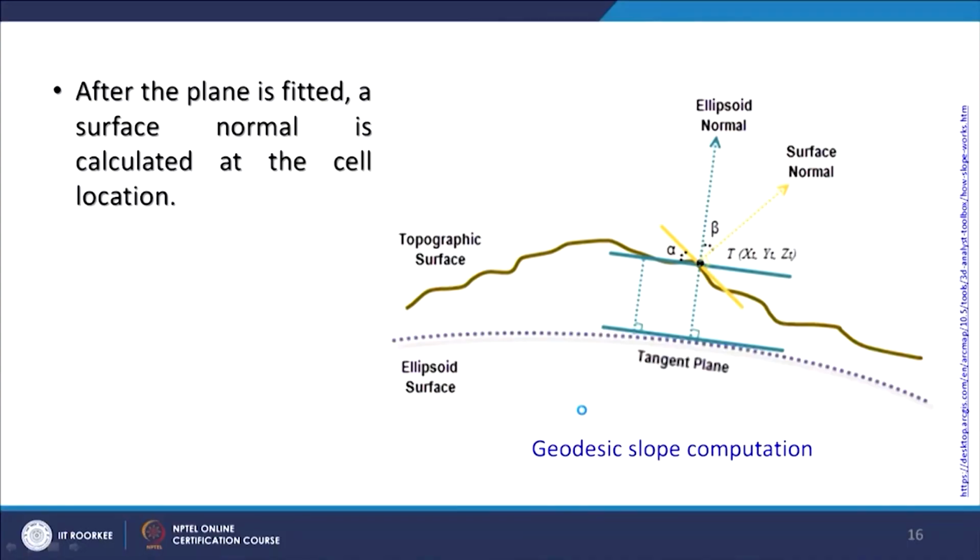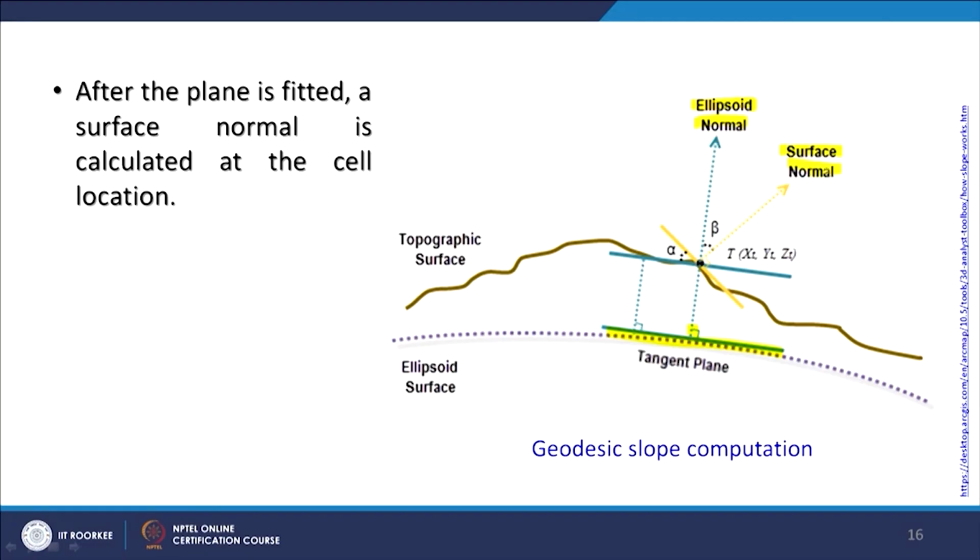After this plane is fitted, a surface normal is calculated at each cell location. The surface normal, which is perpendicular to the tangent and going like this, is represented here with blue lines.